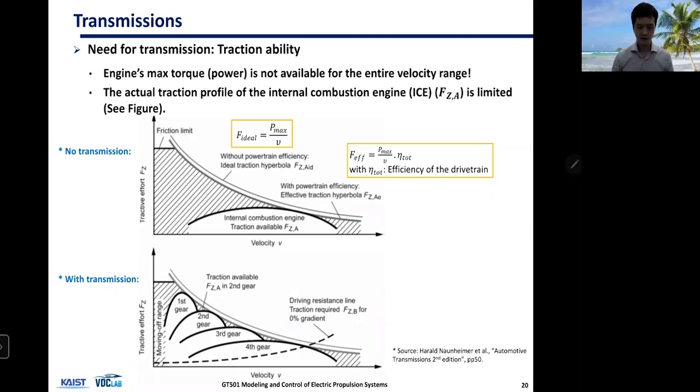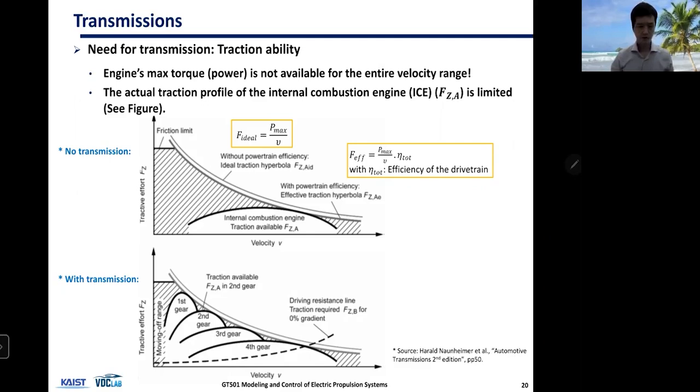In other words, higher amplified torque would be necessary if you are trying to maximize your acceleration performance. For instance, for a given engine, I told you that internal combustion engines usually provide a relatively flat maximum torque line.